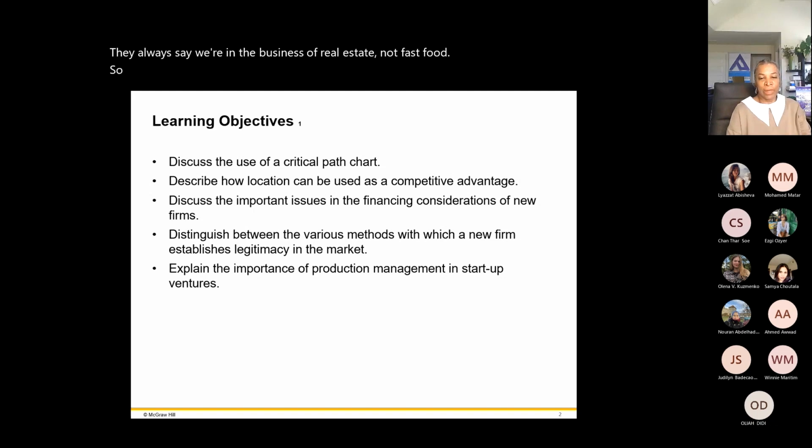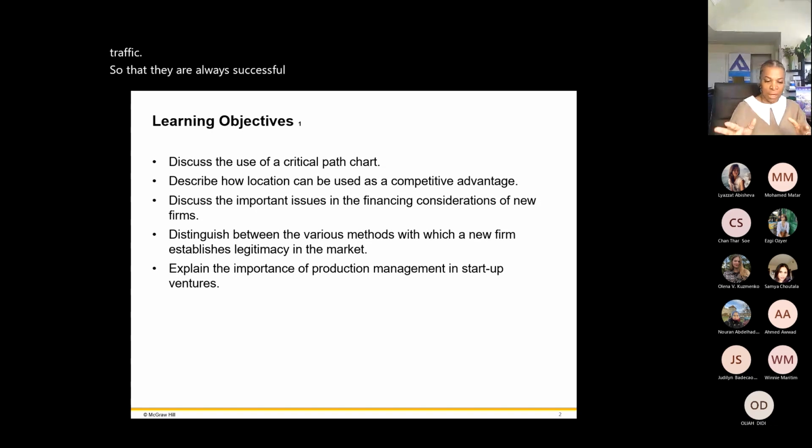So what they do is they make sure that they're strategically located where there's a lot of traffic so that they are always successful where they put their stores or their restaurants. It's very strategic how they place their restaurants.